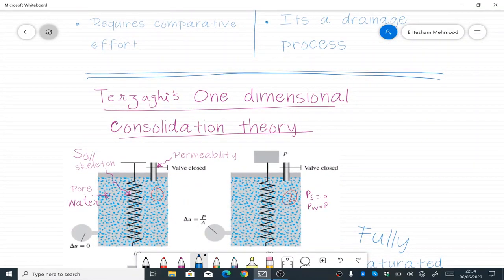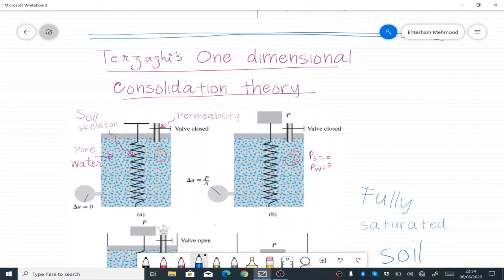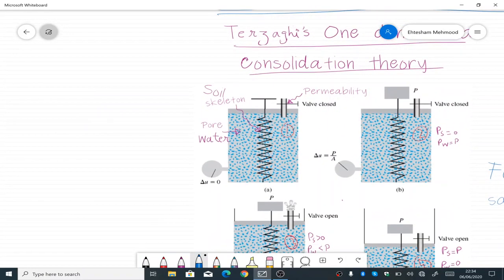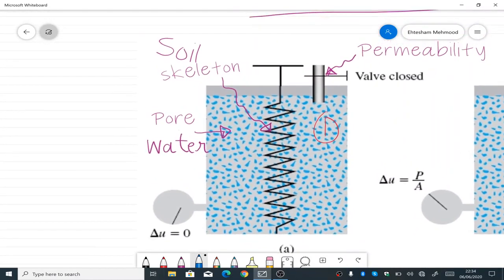Now we discuss Terzaghi's one-dimensional consolidation theory, also called the spring model or spring cylinder model. To explain this, have a look at this picture. We have a cylinder, and in the cylinder there is a spring, and then there is a valve that allows the water to move out.